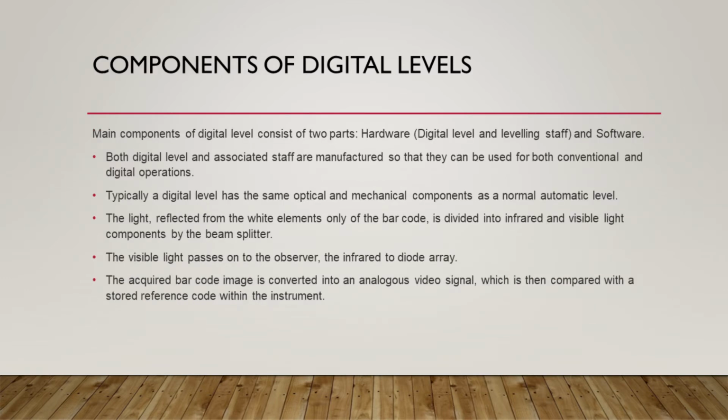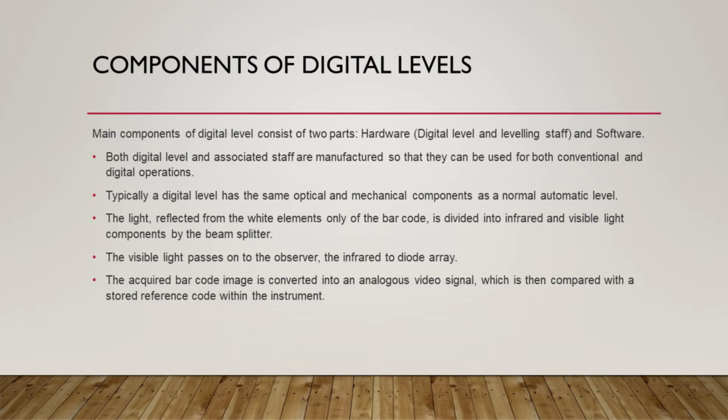Components of digital level. The main components of digital level consist of two parts, the hardware and the software. First, both digital level and associated staff are manufactured so that they can be used for both conventional and digital operations. Second, typically a digital level has the same optical and mechanical components as a normal automatic level. However, for the purpose of electronic staff reading, a beam splitter is incorporated which transfers the barcode image to a detector diode array.